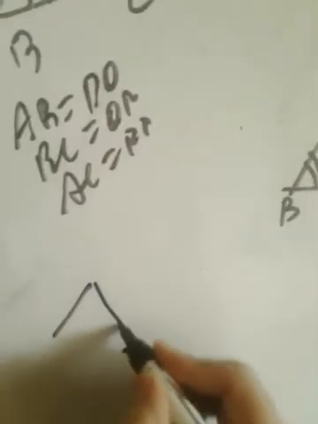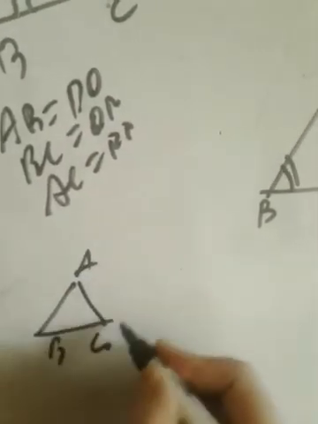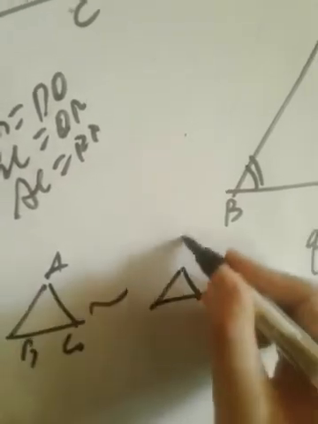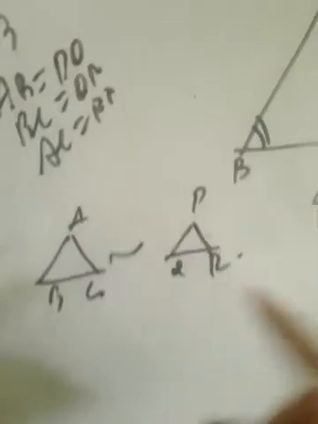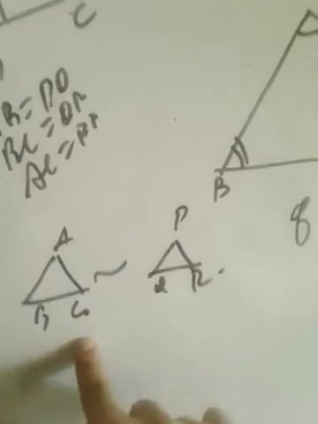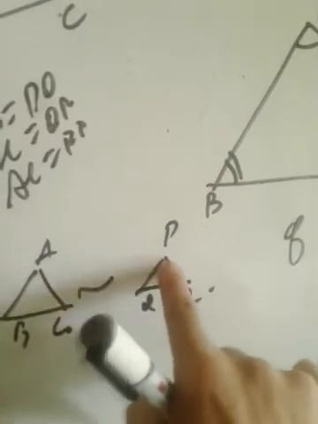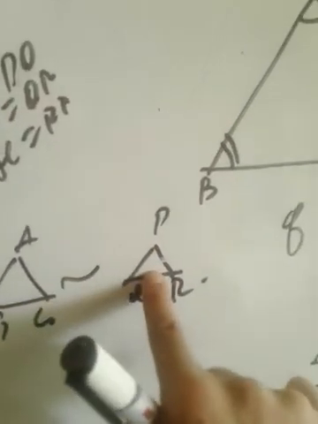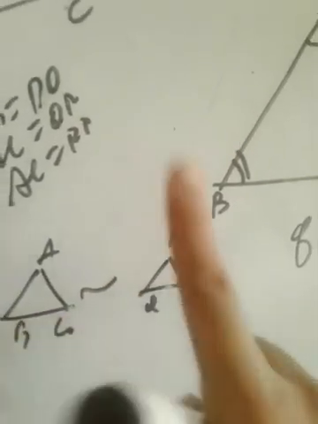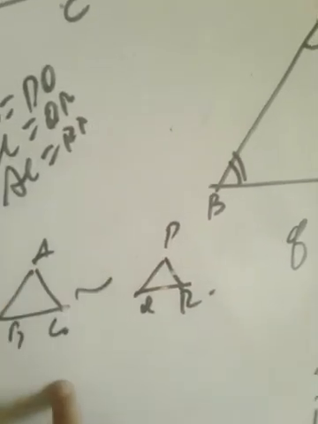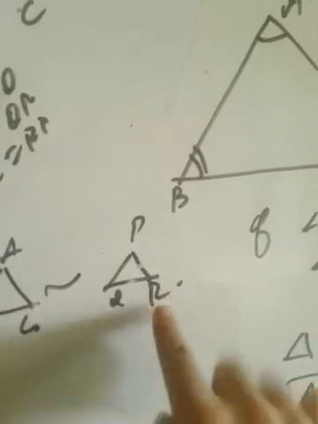So again, I will repeat it here. Suppose we have triangle ABC which is similar to triangle PQR. It means angle A equals angle P, angle B equals angle Q, angle C equals angle R, and AB by PQ equals BC by QR equals AC by PR.